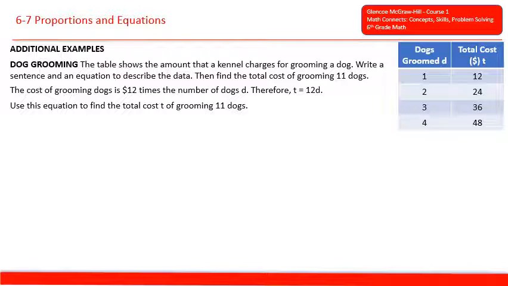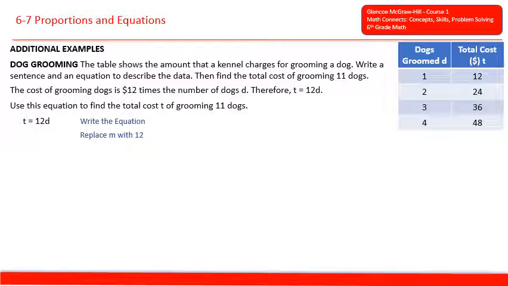Use this equation to find the total cost T of grooming 11 dogs. Write the equation. T equals 12D, or total cost equals $12 times the number of dogs.